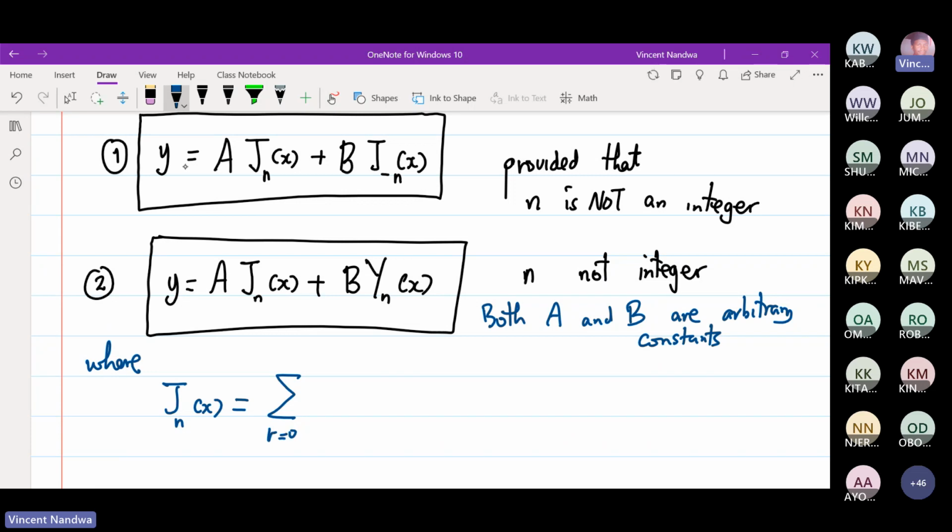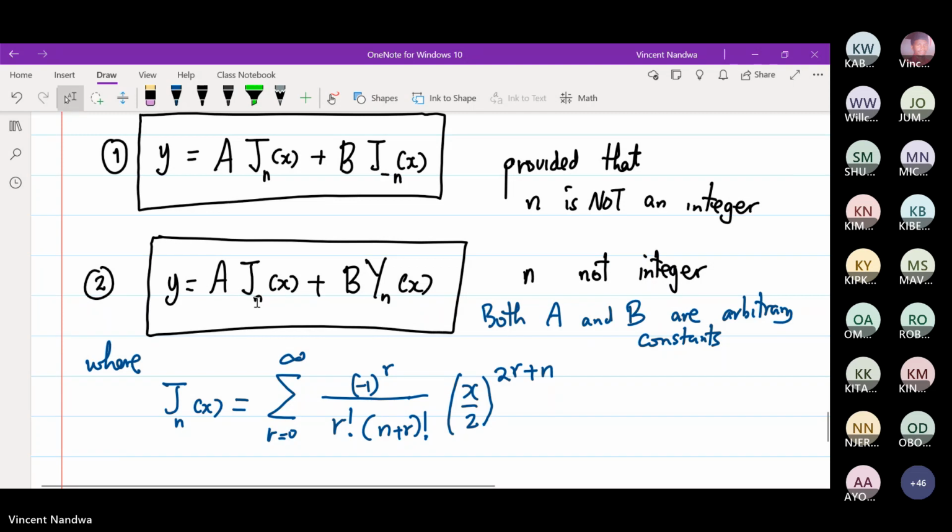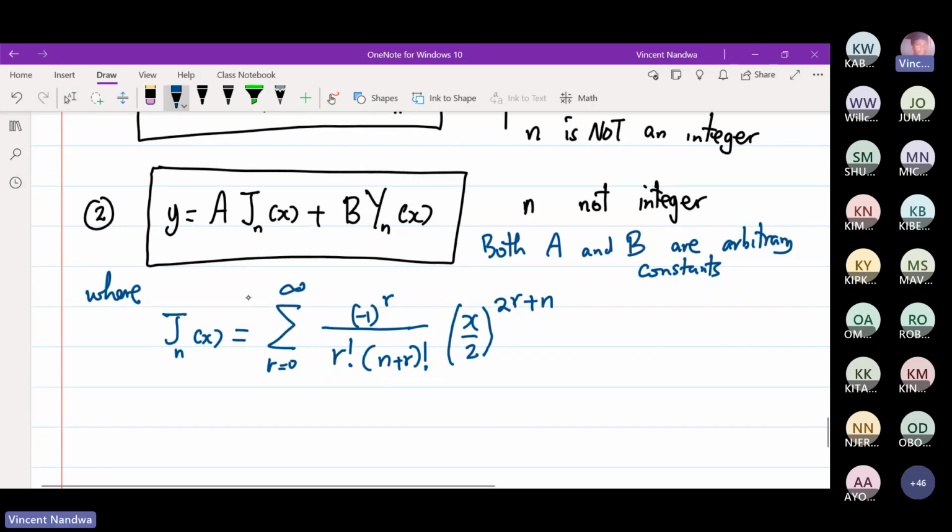So J n is the summation, r from 0 to infinity, of minus 1 to the power r over r factorial into n plus r factorial, times x over 2 raised to the power 2r plus n. So this function is called Bessel function of the first kind.